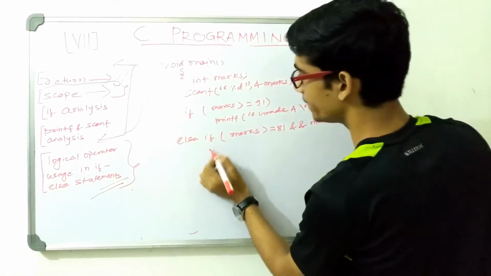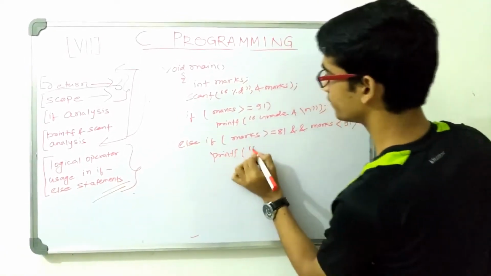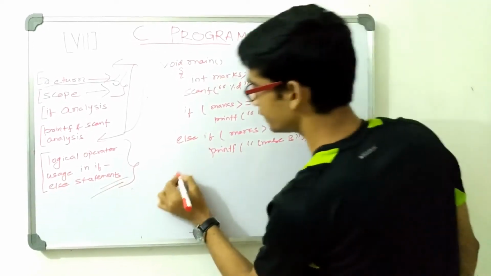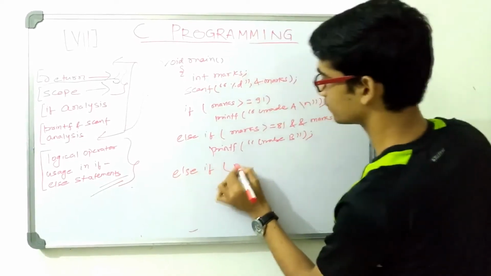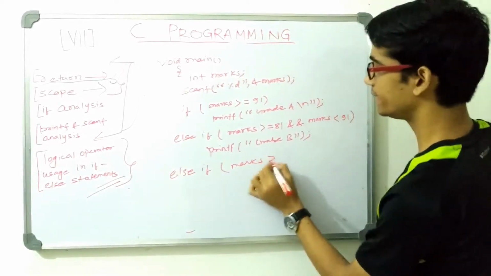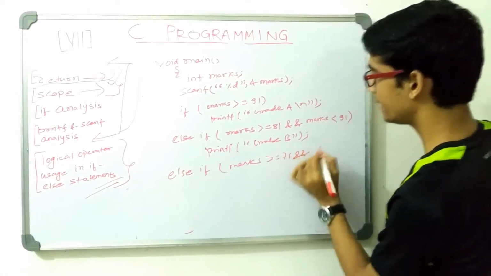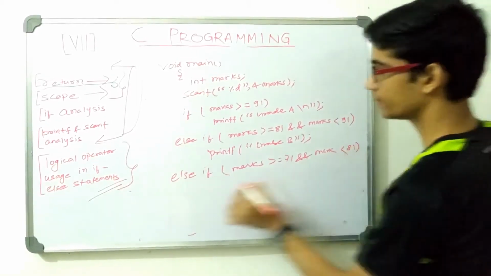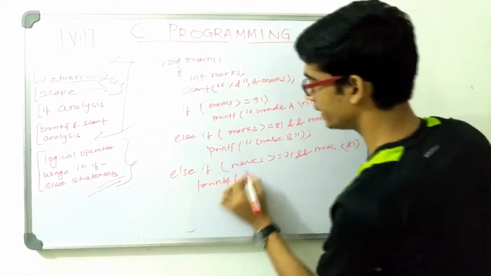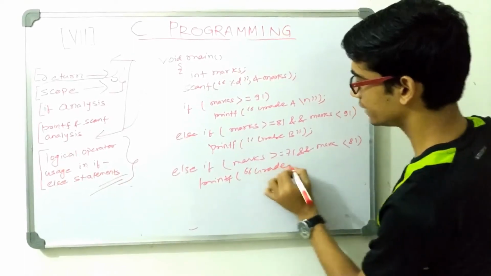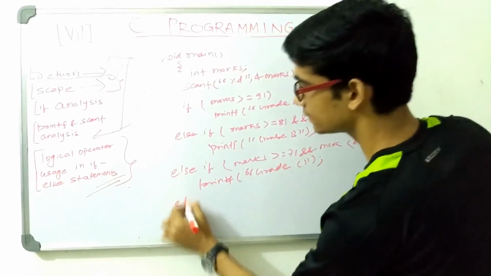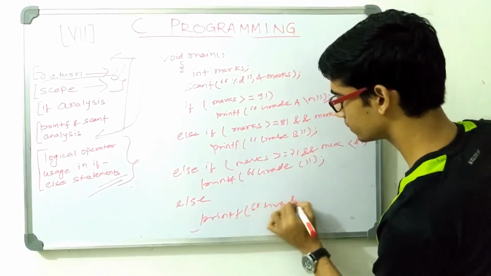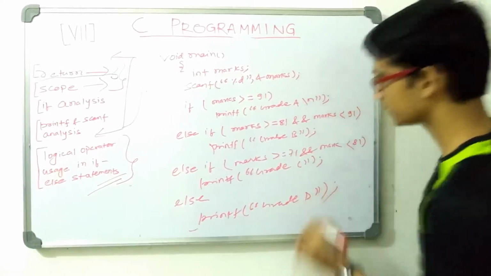Okay, so what will printf, grade B. Else if marks is greater than equal to 71 and marks is less than 81, printf grade C. Else printf grade D.